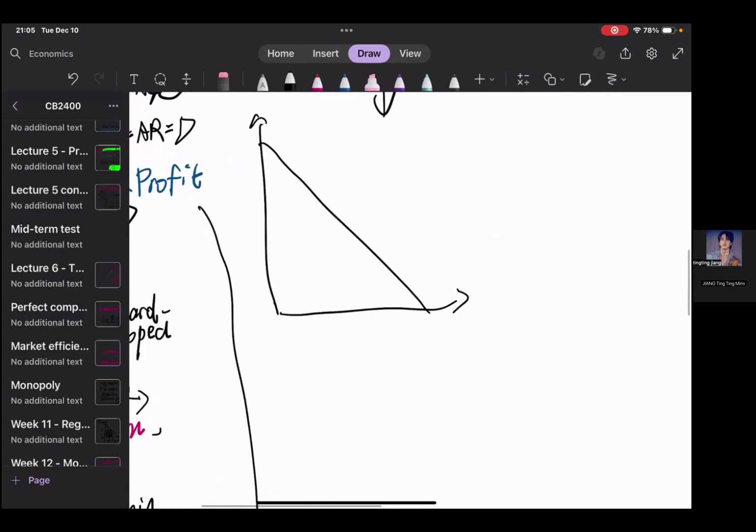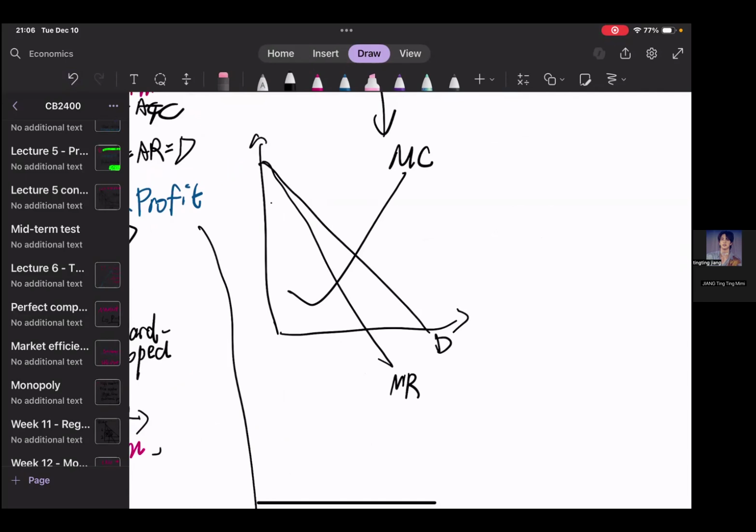Yeah, this one will be D, and this one will be MR, MC, just like usual. And then we got the average total cost.